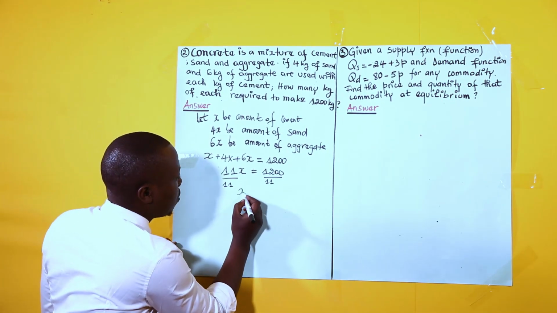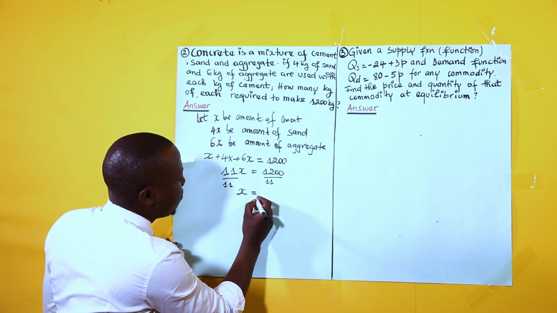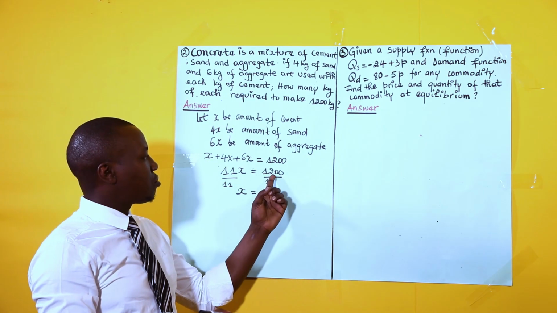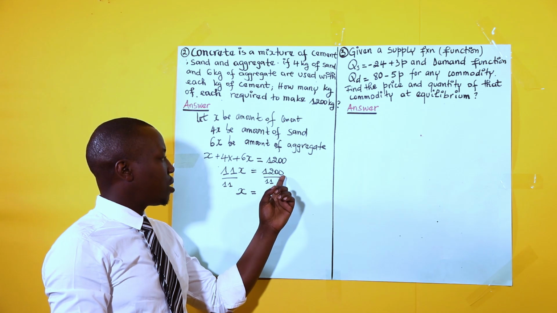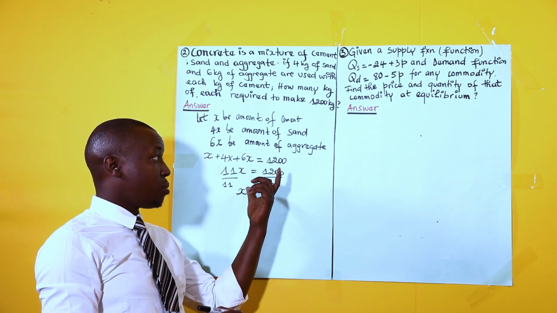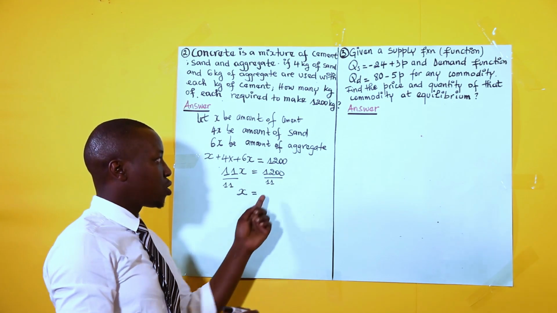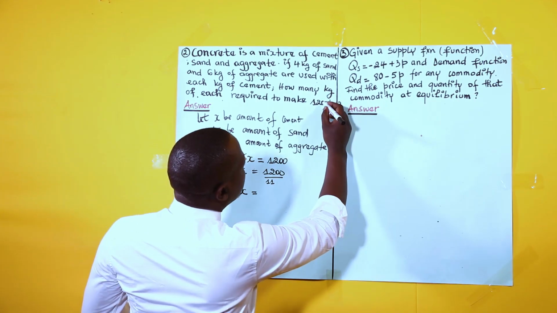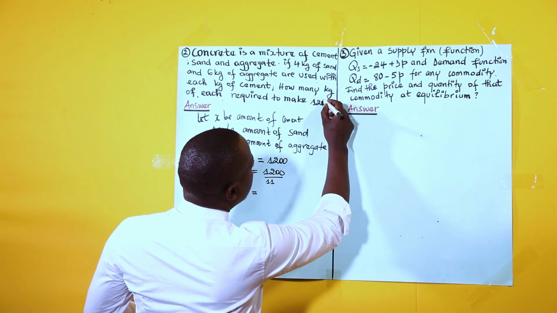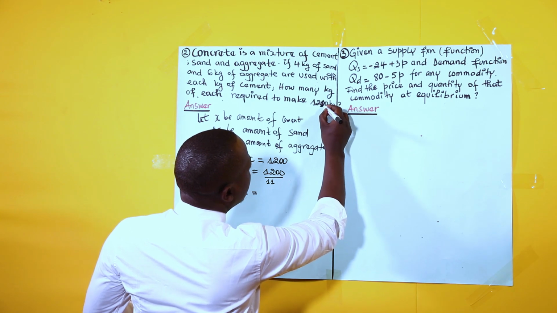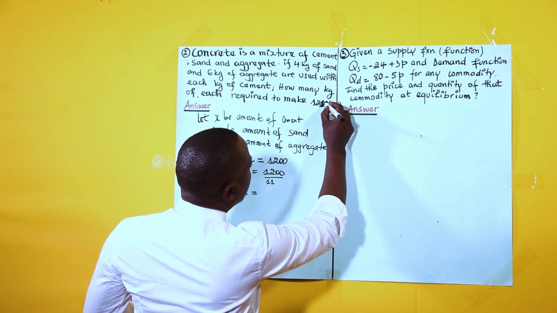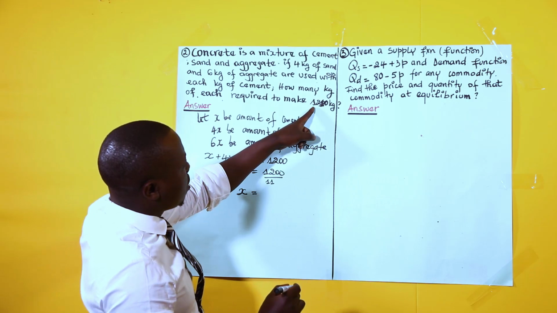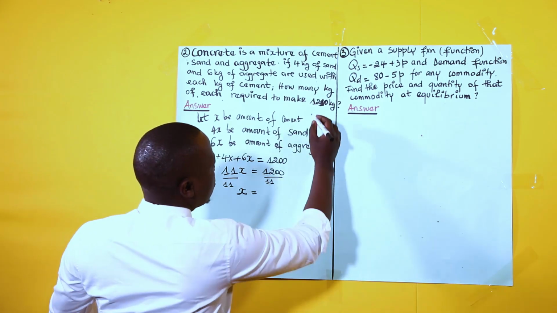The value of x here equals 1,200 divided by 11. Maybe this number cannot be divided by 11. So can we change it a little bit? Let us change the equation and put 1,210 kilograms.